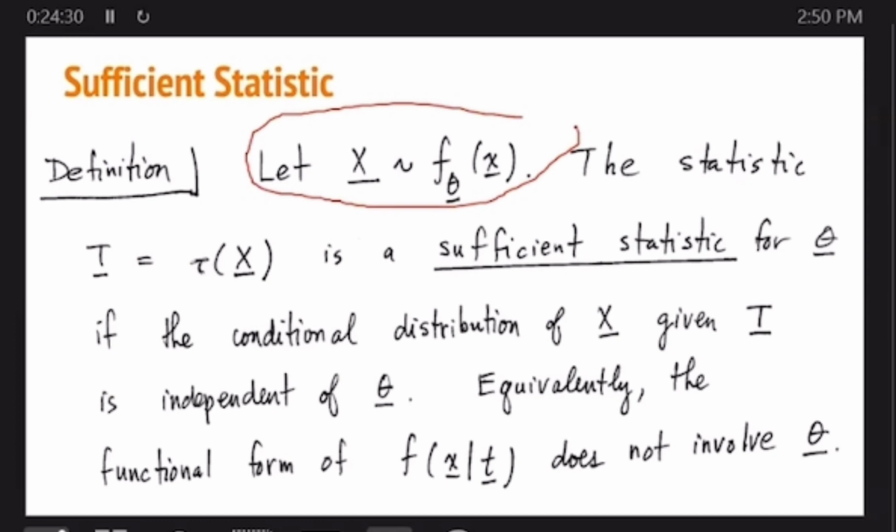Statistical analysis requires that we first figure out the probability distribution of the population from which a sample of data is going to be drawn. Does that make sense? Now, the functional form of the distribution is known, except that there's a parameter in the distribution that is unknown, and that's what we want to figure out.